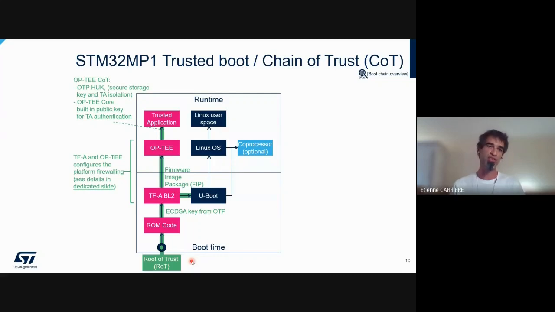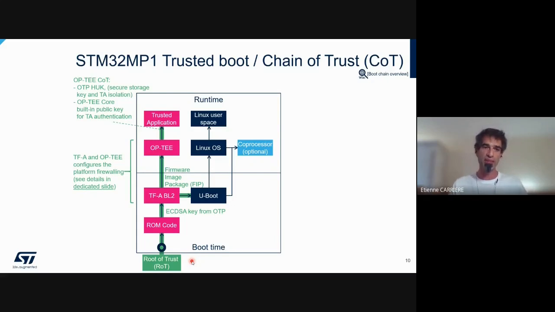These trusted applications and their isolation are based on two roots of trust, which are OTPs, specifically to isolate the secure storage related to the trusted applications.